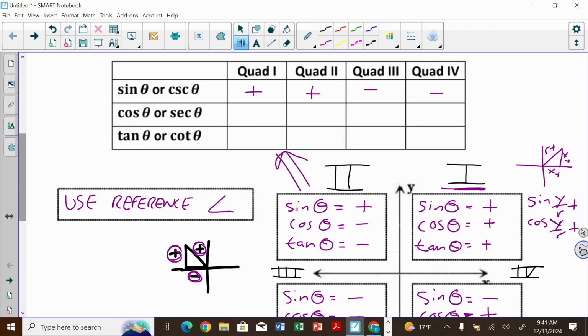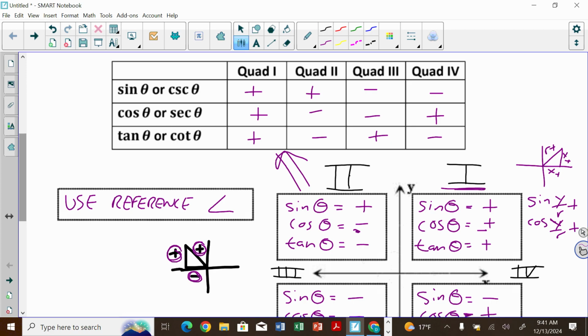Cosine or secant, remember, are reciprocals of one another, so their signs are going to change. So cosine is positive in 1, negative in 2, negative in quadrant 3, positive in quadrant 4. And then tangent or cotangent is going to be positive, negative, positive, negative.